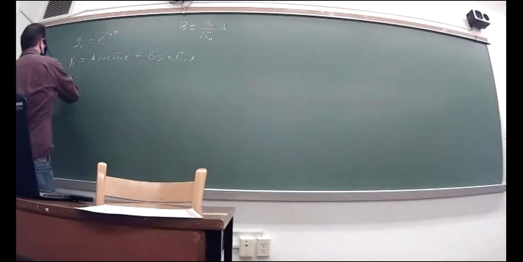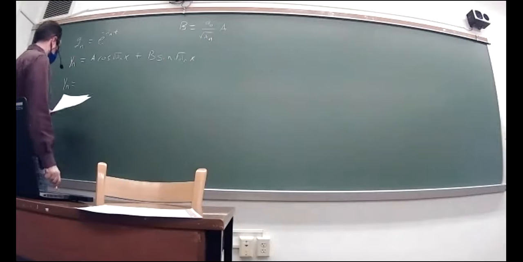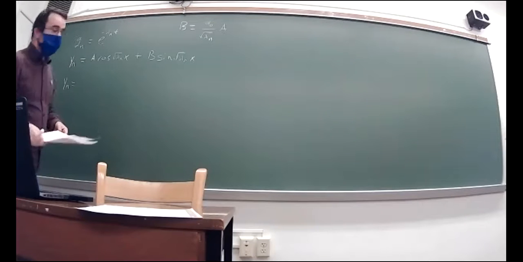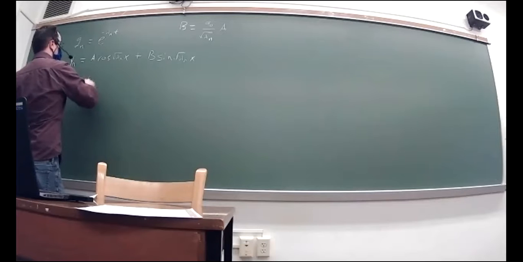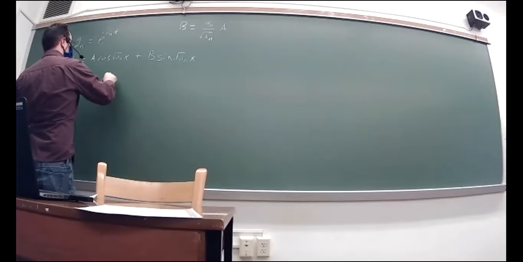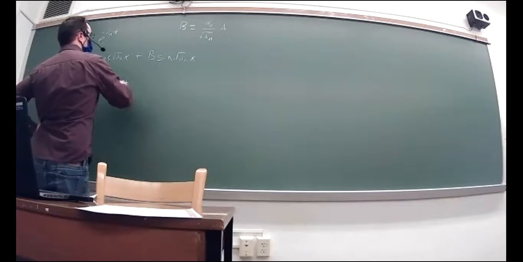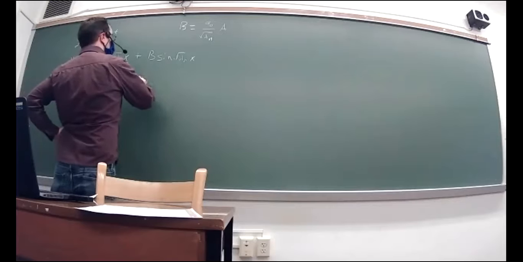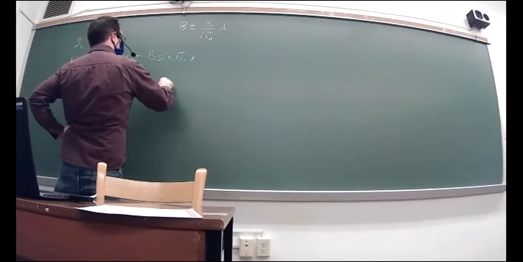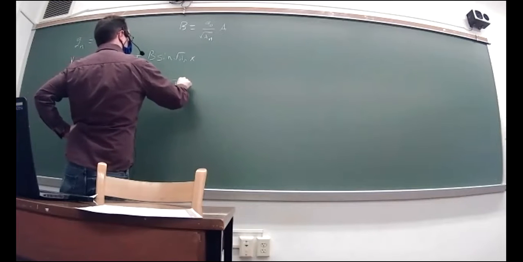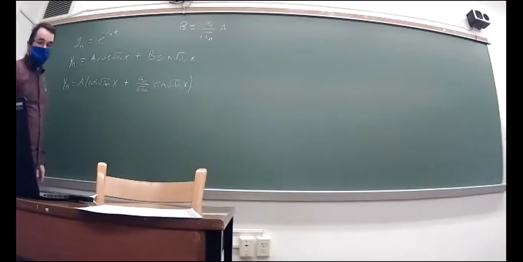If you make that simple substitution, then you'll get a times cosine root lambda n x plus a naught over root lambda n sine root lambda n times x.